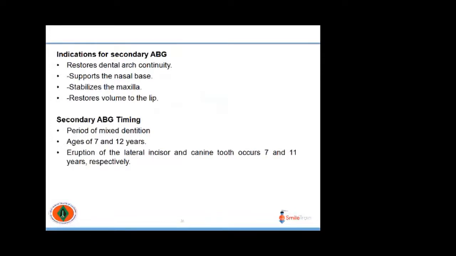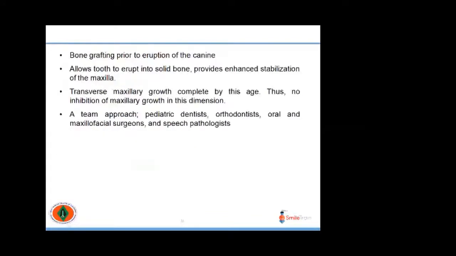Secondary alveolar bone graft is normally carried out during the period of mixed dentition, especially between the ages of 7 to 12 years. This is the time when the lateral incisor and the canine normally erupt. A bone graft prior to eruption of the lateral incisor or the canine might not be successful.